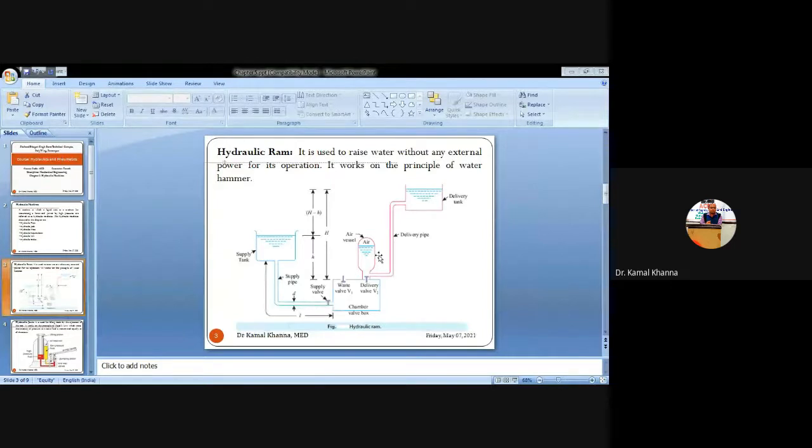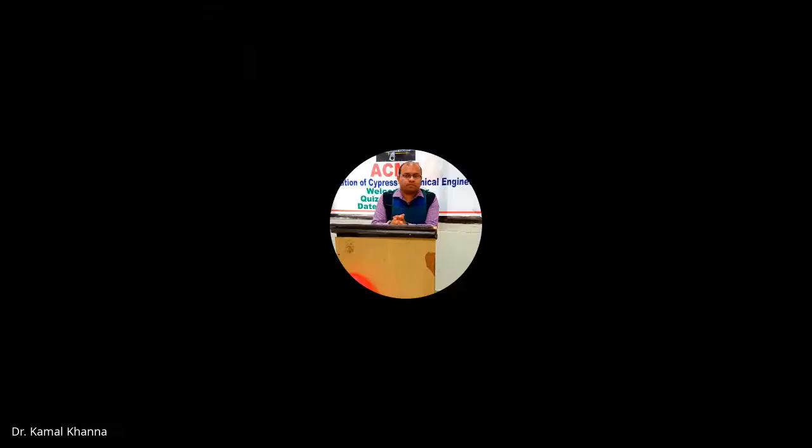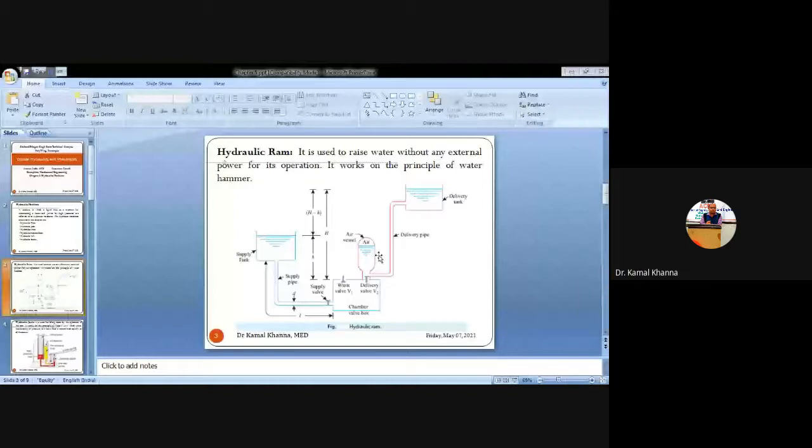But the air vessel has compressed air, that is air at higher pressure. That compressed air pushes the water in the downward direction. In that situation, the delivery valve closes and the water will move into the delivery tank. It will enter the delivery pipe and hence reach the delivery tank.